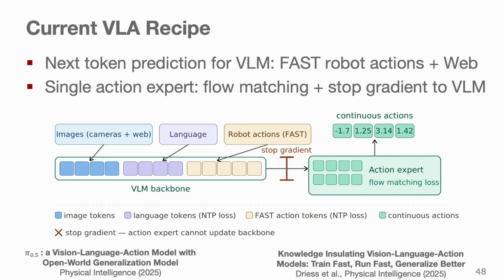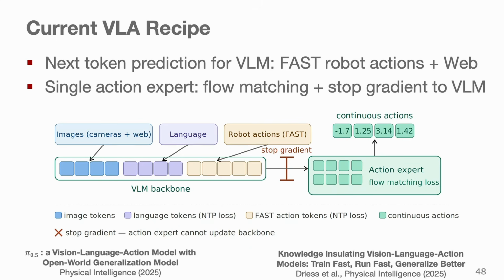And then the second part is the action expert, which is trained with a flow matching head, right? This is a single action expert that will predict for all the different embodiments. So now you produce continuous actions with the flow matching head. And besides not attending to the FAST tokens, the action expert also implements a stop gradient operation.